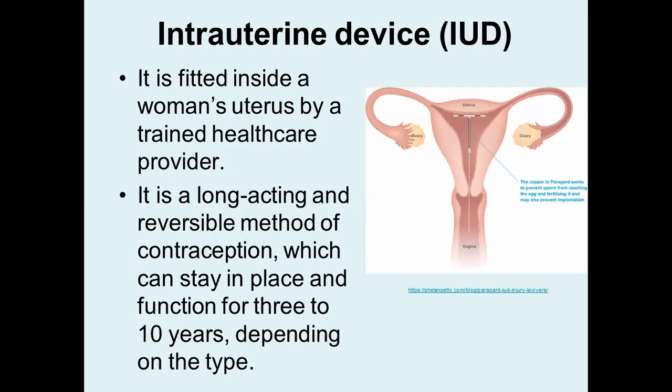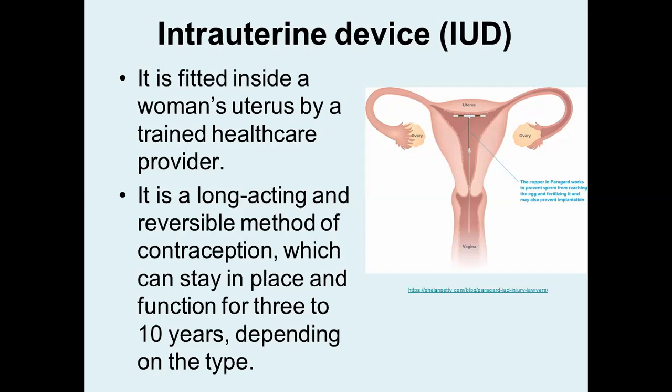And they would be effective for that period of time. Some of the newer hormonal ones have to be replaced more often. So it is a long-acting and reversible method of contraception.